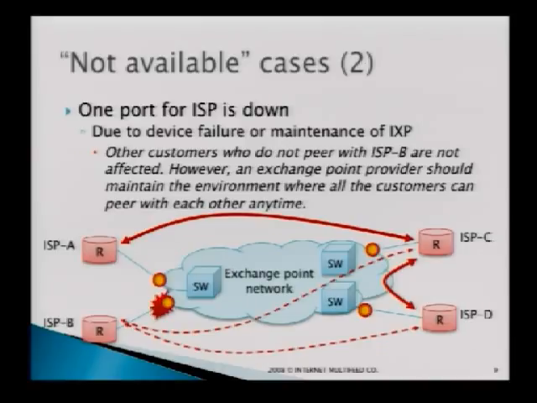So the exchange point provider should maintain all the ports up and running. So this is, I think, a simple but strict model. The exchange point provider should maintain the exchange point network itself with no packet loss or link failure, and also all the ports up and running.